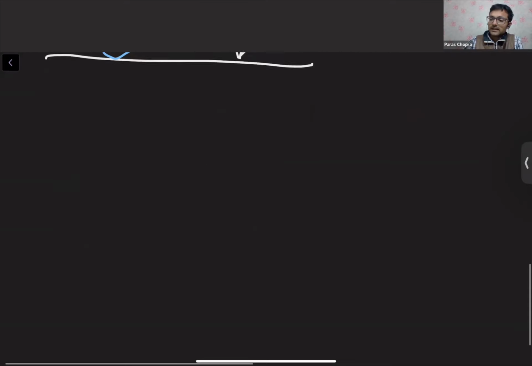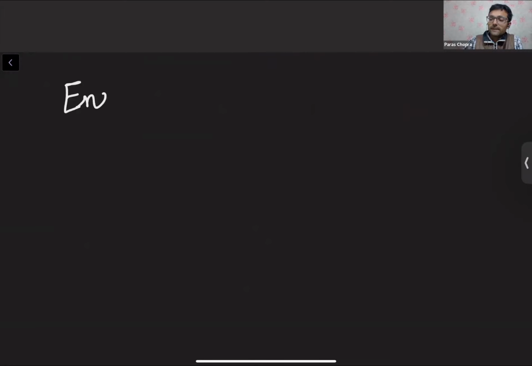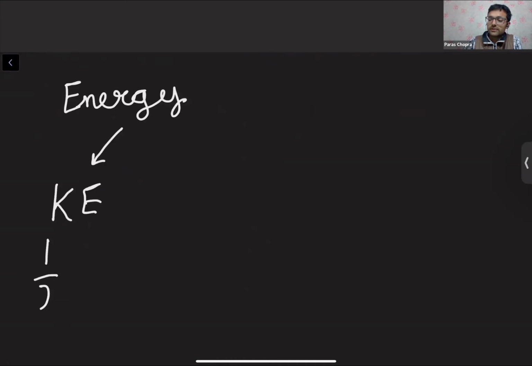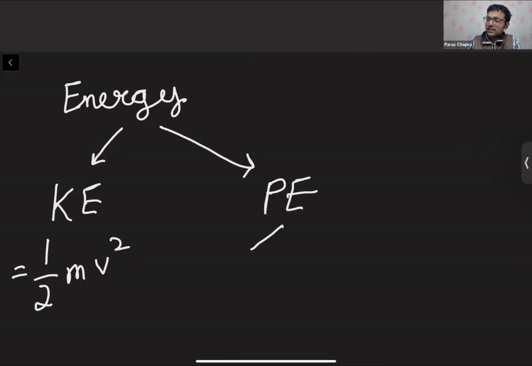Okay. Then there can be different types of energies. The most common form of energy is the kinetic energy, which is equal to half mv square. If a body has a greater velocity, then it has a greater kinetic energy. Then the other form is potential energy. Potential energy can be of various types. One is the gravitational potential energy, which is the energy by virtue of its height.